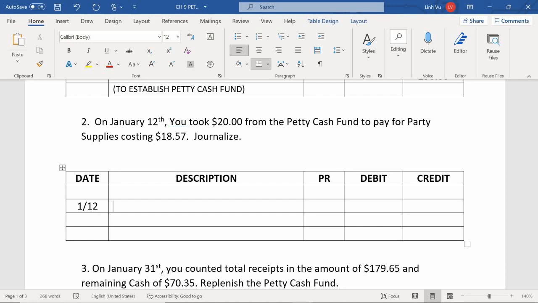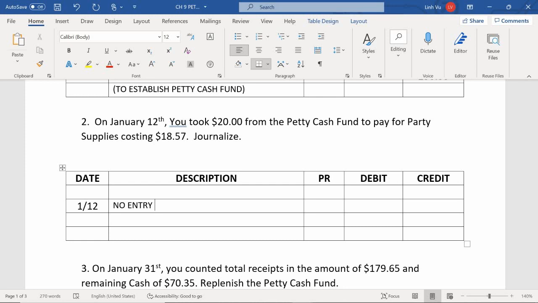In this case, did I ask you to replenish the petty cash fund? No. All I'm telling you is that you took money from the petty cash fund to use to buy party supplies. So in this case, no entry is required because you don't recognize it until you close the petty cash and you count all of the receipts.